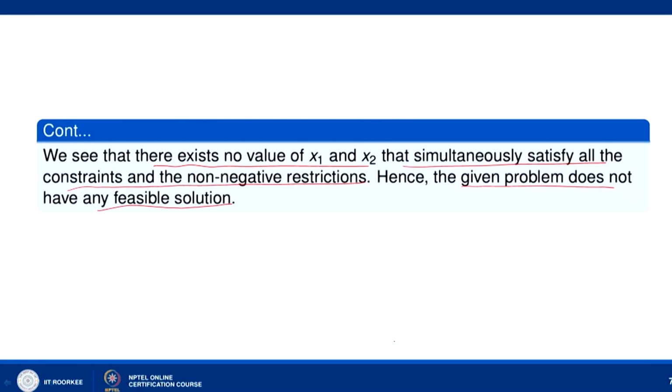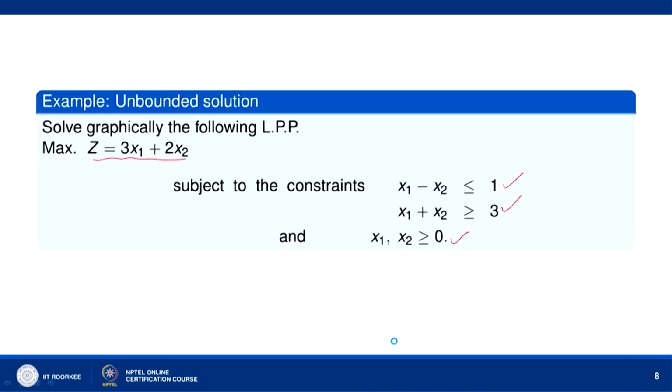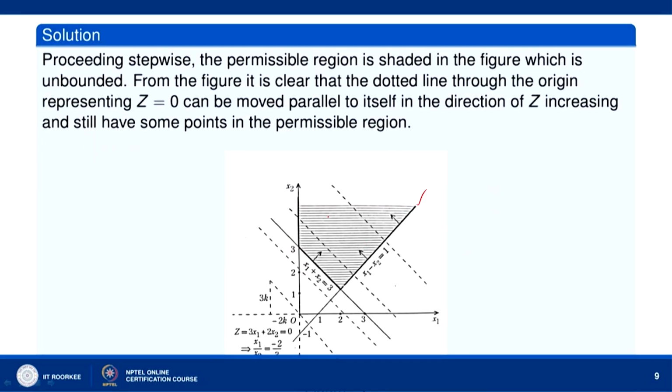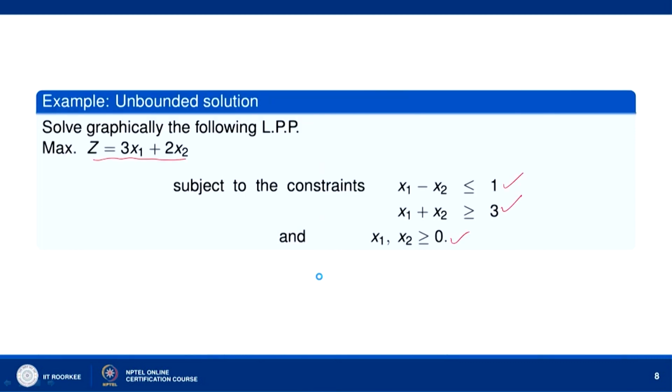Here, x 1 minus x 2 is greater than or equal to 1 in this part, and we have x 1 minus x 2 less than or equal to 1.